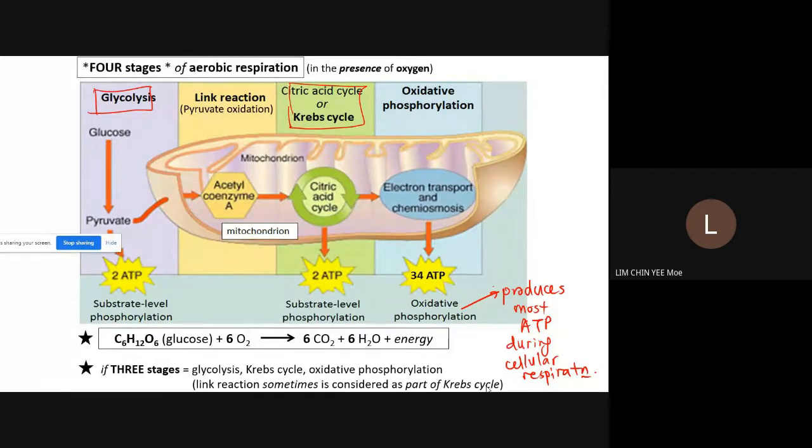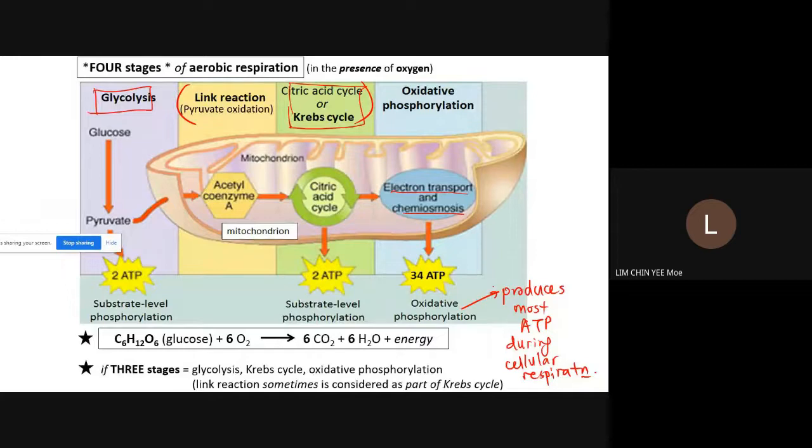In our syllabus some say 4 stages, but usually if you refer to Campbell, Campbell refers to the link reaction and citric acid cycle as one stage. So 3 stages is more accurate. Okay, 3 stages: glycolysis, then link reaction together with the Krebs cycle, and the last stage, oxidative phosphorylation, which includes the electron transport chain and chemiosmosis.